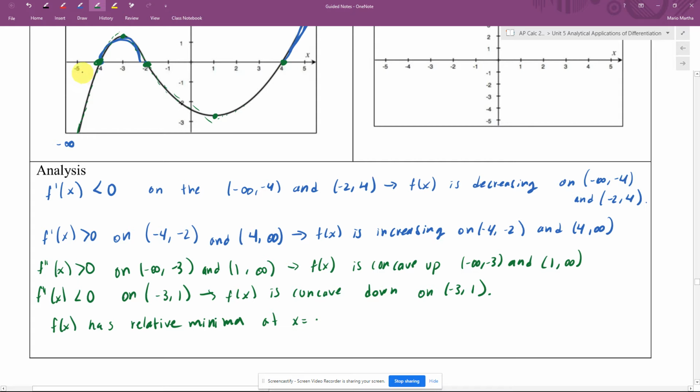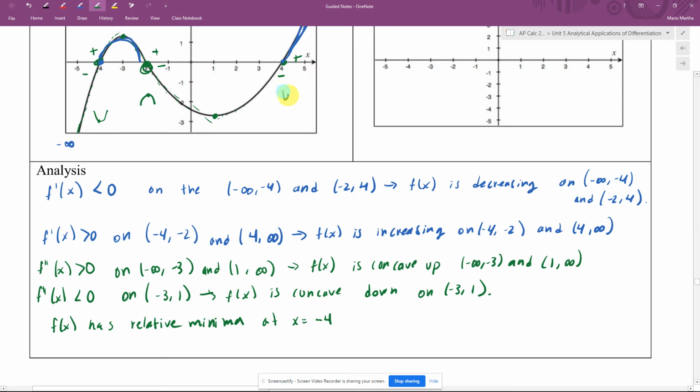So here it changes from negative to positive. So that means that our graph f of x goes from having a negative slope to a positive slope. So therefore, that's a minimum at -4. And then here it changes from positive to negative. So at -2, here would be a maximum. And then finally at 4, it changes from negative to positive.